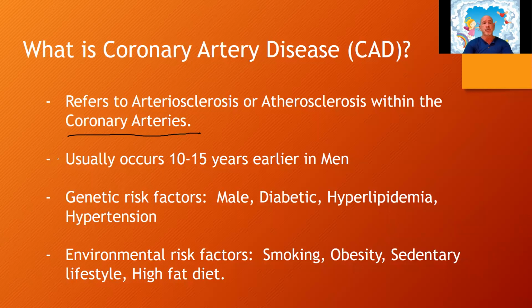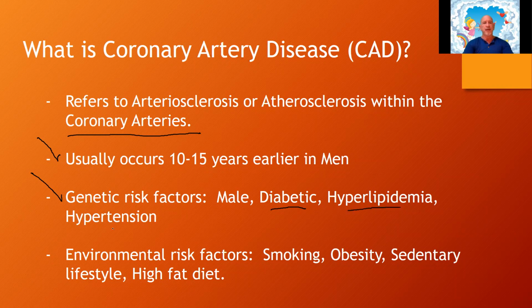Coronary artery disease usually happens in men sooner than it does in women. That's why the majority of the heart attacks we see will be male as opposed to female. Therefore, that's one of the genetic factors. Diabetes has a genetic link. If you don't know that, you will know that by the time you get done talking to Eileen.